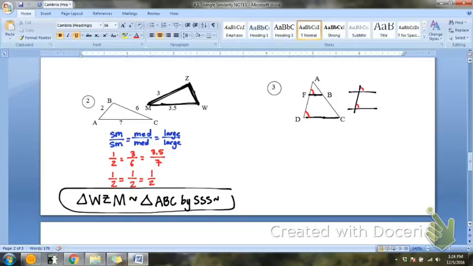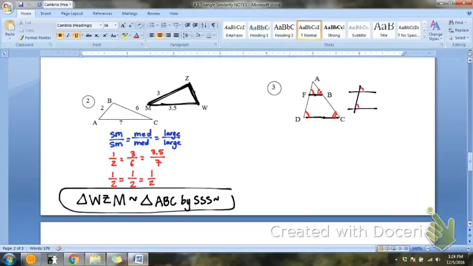What about on the other side? Could you say this angle is congruent to this angle? You could. Is that enough information to say angle, angle? Yeah. It is. Because you have your two angles.